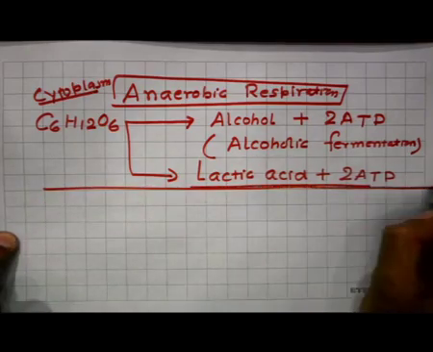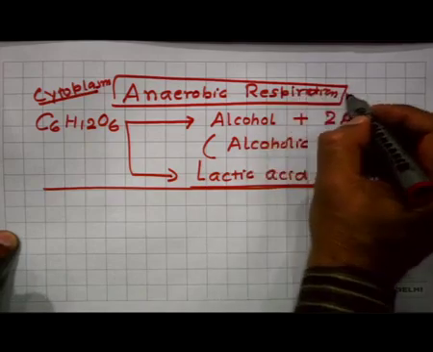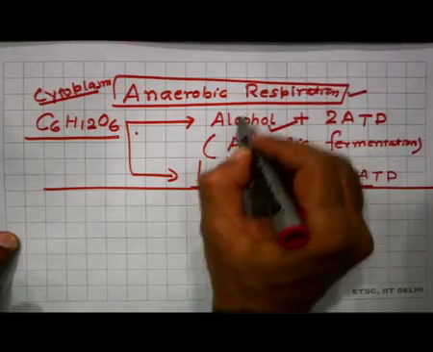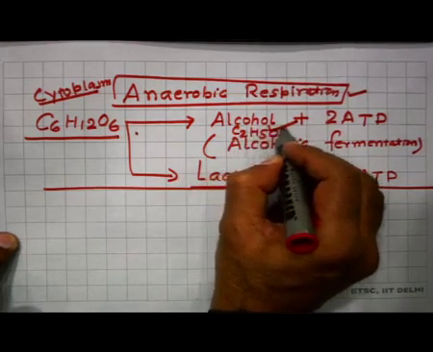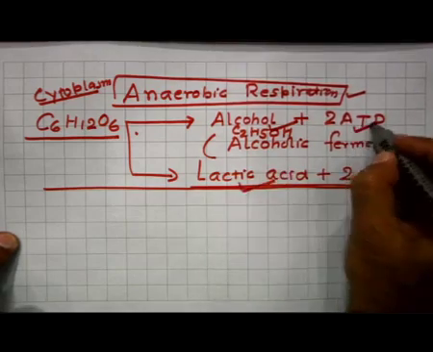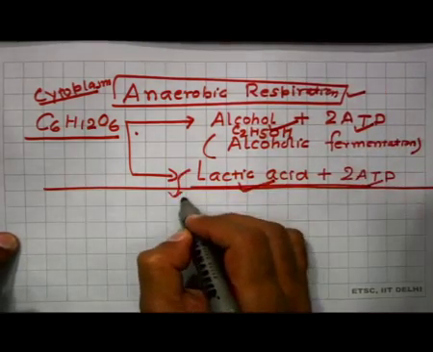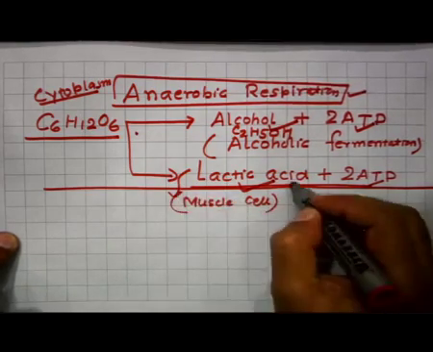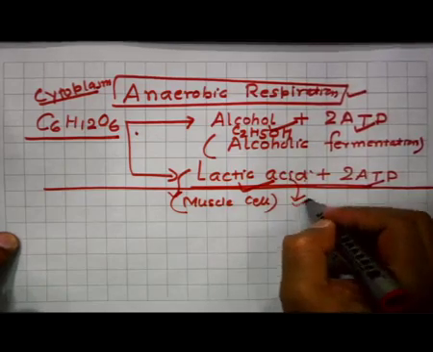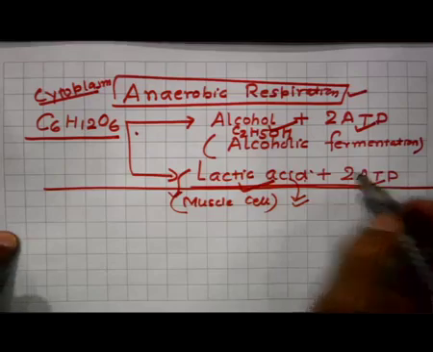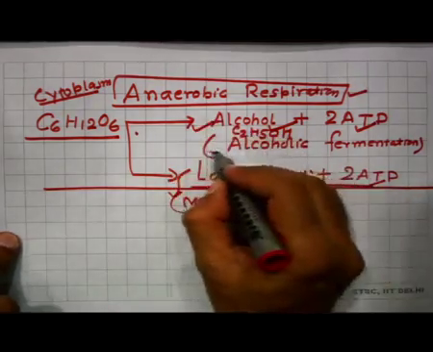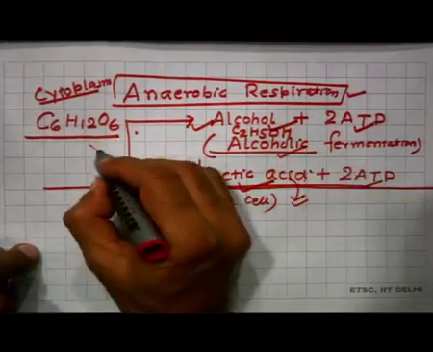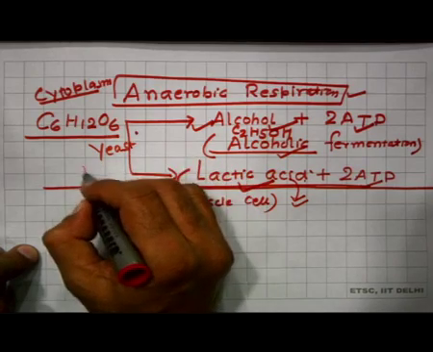So, in anaerobic respiration, the entire reaction takes place in the absence of oxygen. Alcohol, that is ethyl alcohol C2H5OH, is formed, and lactic acid and 2 ATP are formed. Lactic acid is found in muscle cells; when it accumulates, it causes fatigue of muscles. The alcohol formation is common in yeast and in bacteria.